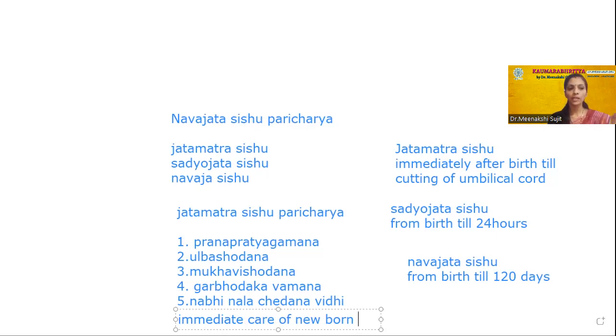And clamping and ligature of the cord should be done. How will you do this? Clamp with 2 Kocher's forceps at a distance of 5 centimeters from the body. Two reef knots 1 centimeter apart are made, 2.5 centimeters away from the umbilicus. Cut the cord with scissors, taking strict aseptic precautions.